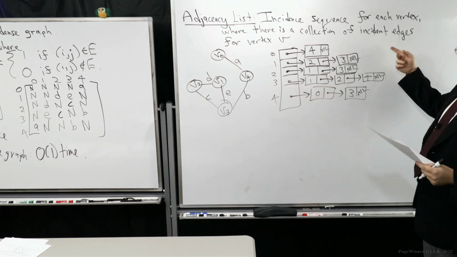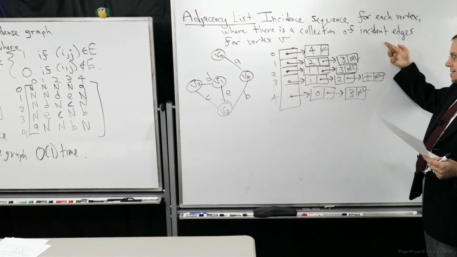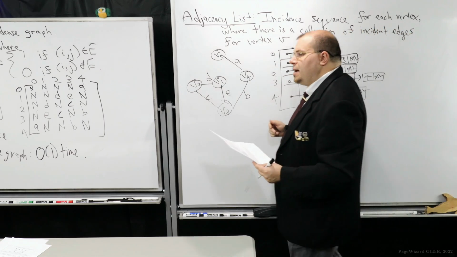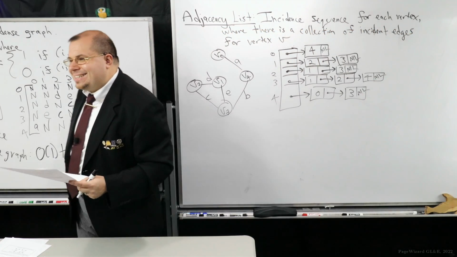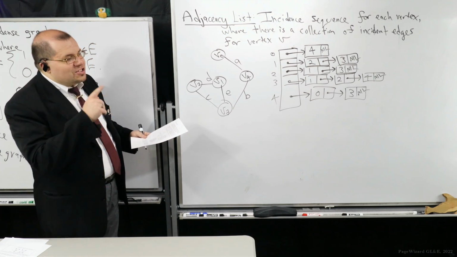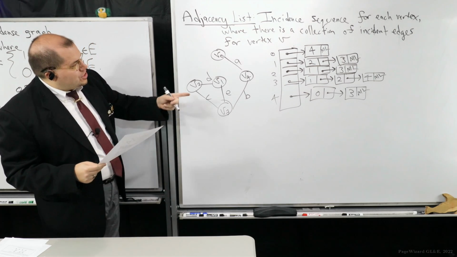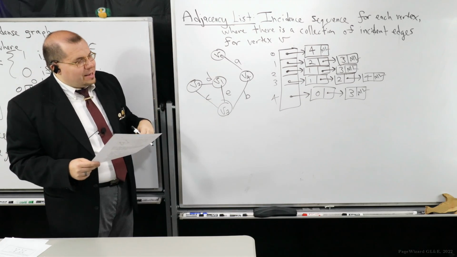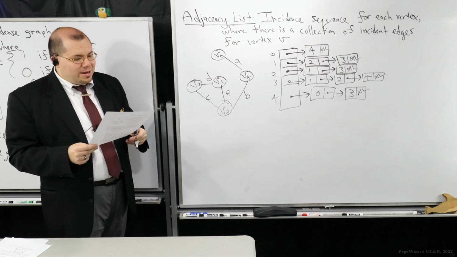Do you see, all I have is just an array or list, and each one stores the head of a linked list. That's all it does. You can look at the storage of this as just an array of length n, each one with a linked list. Please keep that in mind.